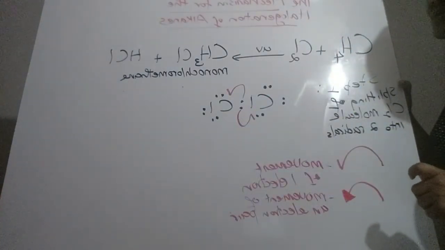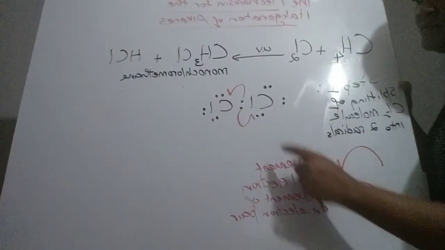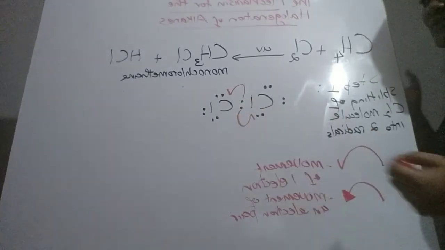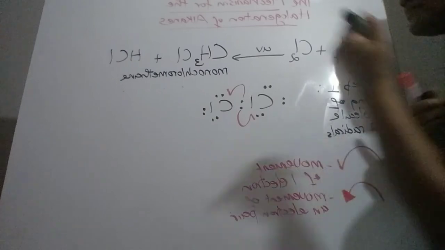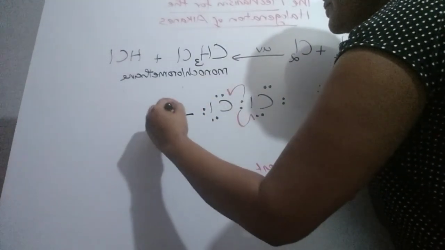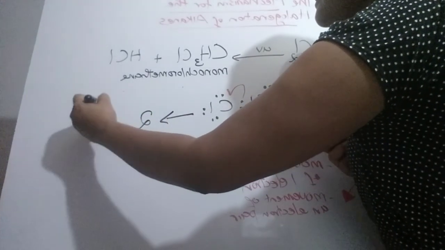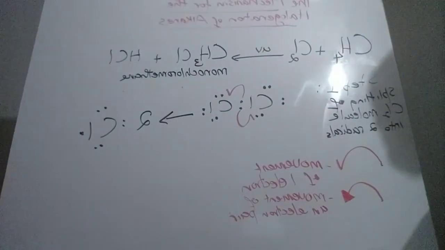All right? So in that way, I am showing that this bond splits evenly. One electron goes onto that one, the other electron goes onto that one. And so I end up with two chlorine radicals. Two chlorine atoms, they have their unpaired electron.